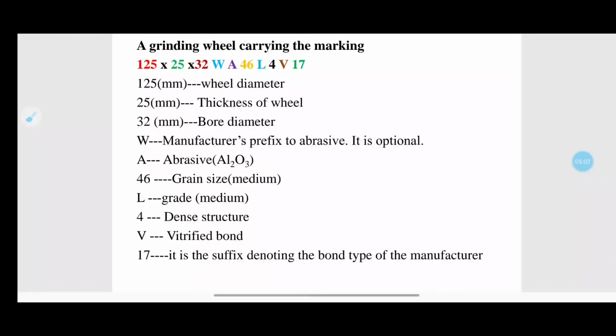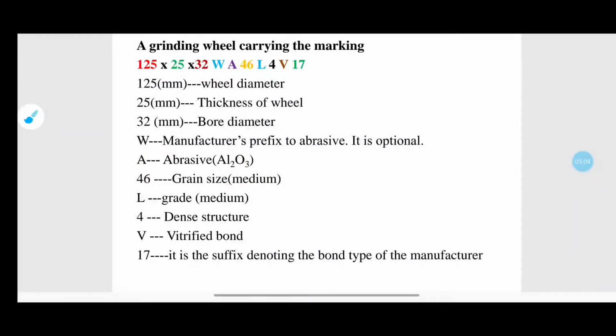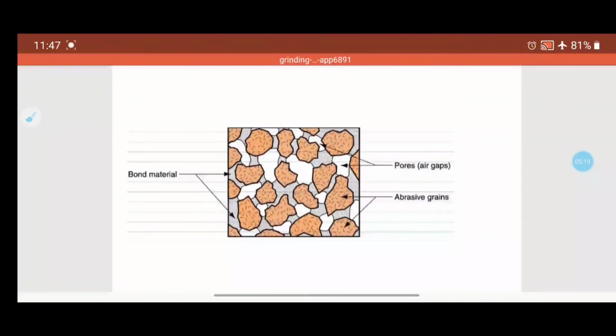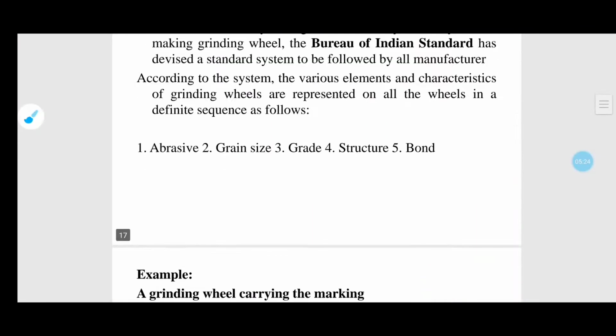Next one is the abrasive, which is the abrasive material, here aluminum oxide. Next one would be the grain size. You can see these abrasive grains, right? So they will specify the grain size also.